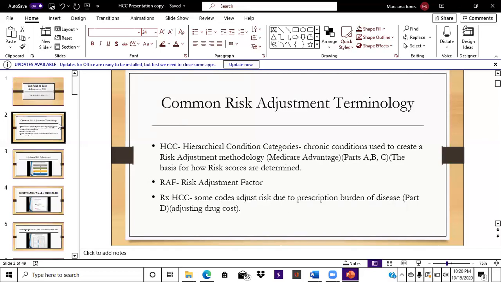With most, if not all, chronic conditions, you're more than likely going to manage them with medications. So there are certain codes that do not have a medical risk adjustment score, but they have a prescription risk adjustment score. Some codes adjust risk due to the prescription burden of disease.